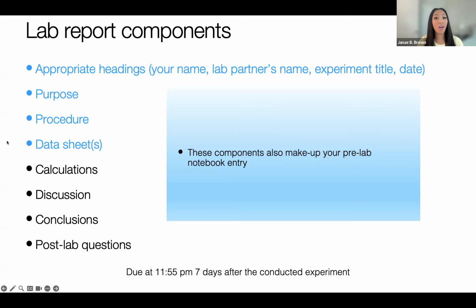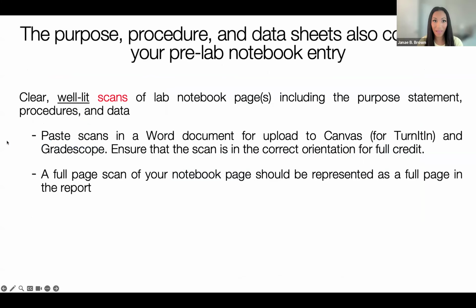But because these are already in your lab notebook before you even come to do the experiment, the way that you would incorporate these into your lab report would be using clear and well-lit scans of those notebook pages that have that pre-lab notebook entry.